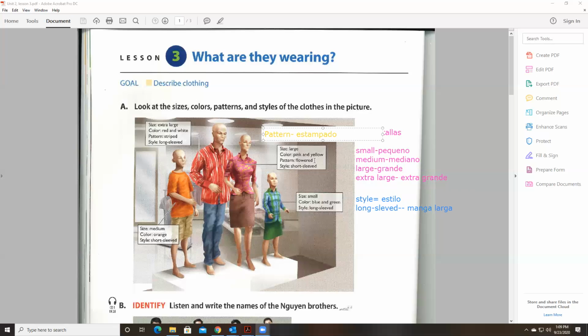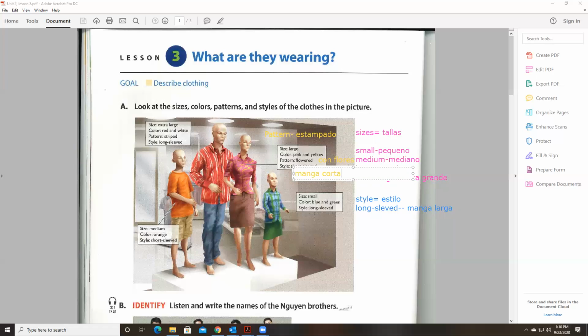In this case, flowered, con flores. You can tell on her shirt, there's flowers on her shirt. The style, el estilo, is short sleeved.